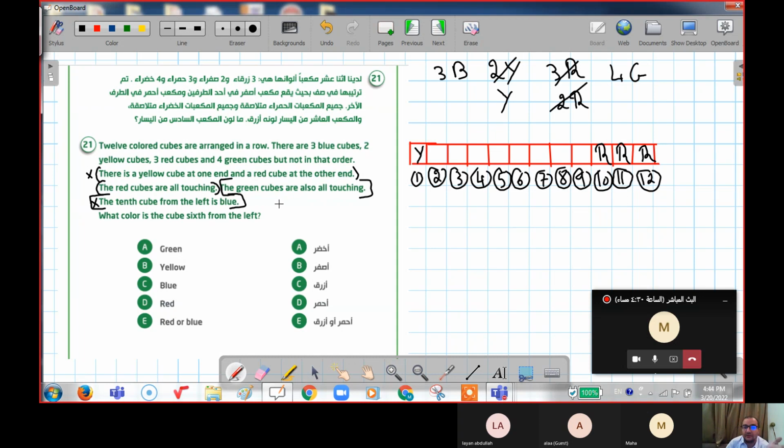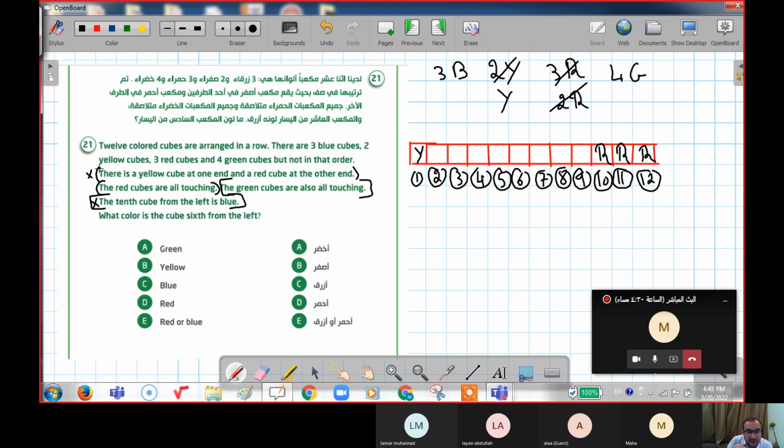This is the opposite of your given. The condition says that you must start counting from the left, 1, 2, 3 until you arrive to the 10th cube. The 10th cube, Maha, must be blue. If I keep the yellow in the first boundary and the red in the last boundary, this is the opposite of the condition.